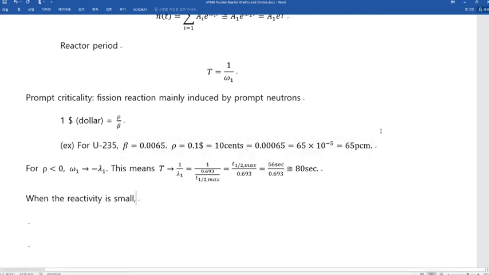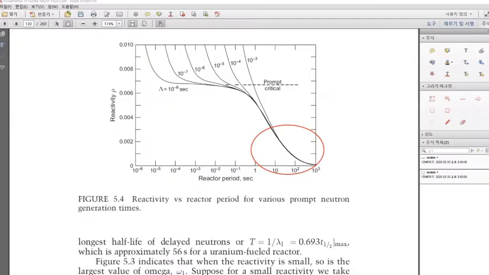When reactivity is very, very small, if we go back to our textbook, this is the case when reactivity is less than 0.002. So in this region, can we derive some relation for the case when reactivity is very small?